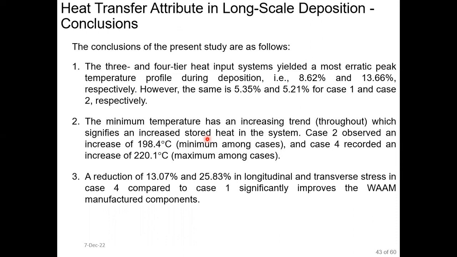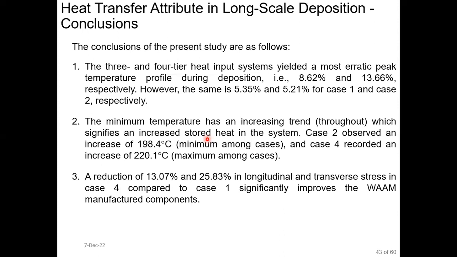So if we have to consider the dimensional accuracy of the component, like the layer width and height, so that we can deposit the previously decided layer height and width, we have to go with case 2, the 2-tier heat input system strategy.